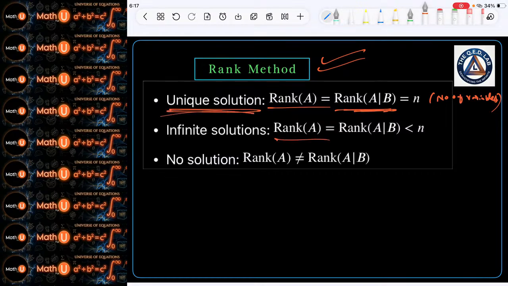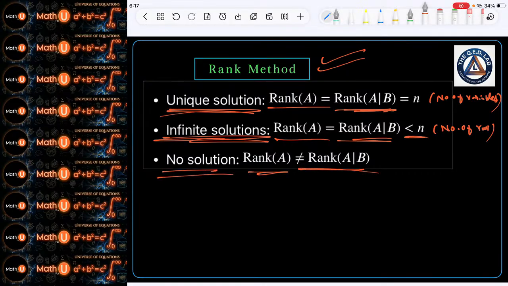If rank of A is equal to rank of augmented matrix, but it is less than the number of variables, then it is infinitely many solutions. If rank of A is not equal to rank of augmented matrix, that is nothing but no solution. These are the important points for the rank method.